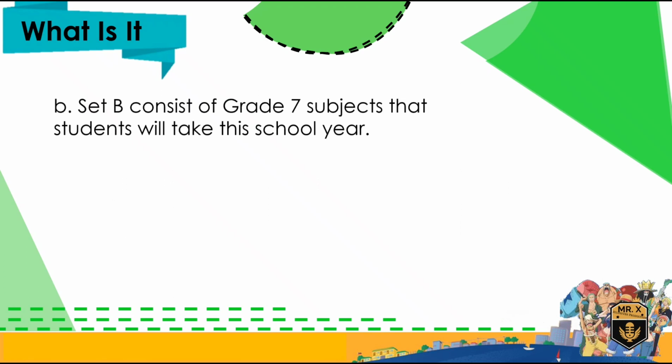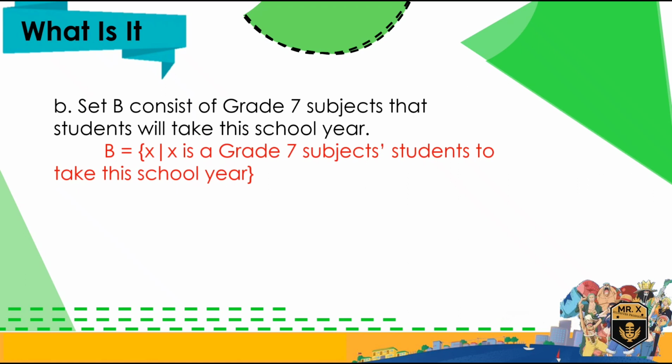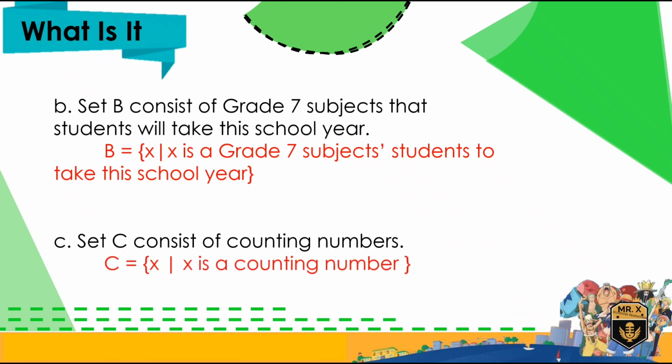Another example, mga grade 7 subjects that students will take this school year. So, ina ni pagbasa, no? Set B is a set of all X such that X is a grade 7 subject students take this school year. Another example, set C consists of counting numbers. Okay, set C is the set of all X such that X is a counting number. So, mana.